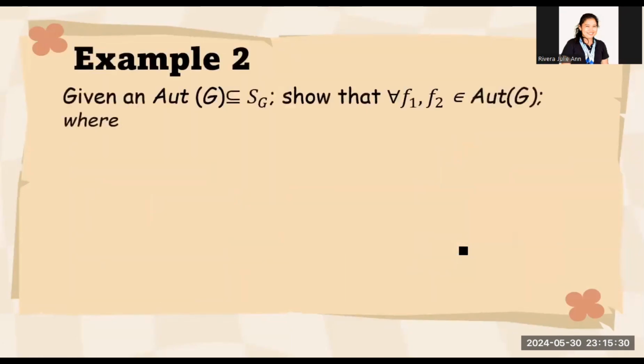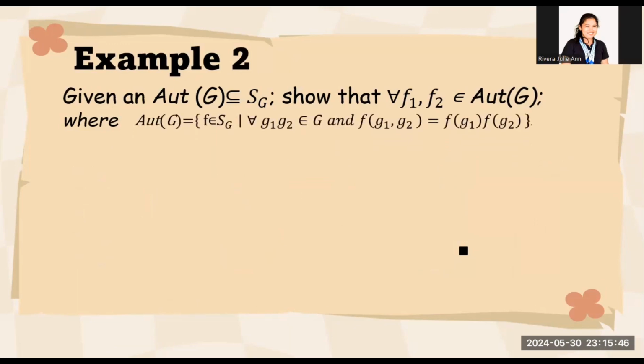Example number 2. Given that Aut(G) is a subset of a certain group G, show that for all f1 and f2 in Aut(G), where Aut(G) is the set of all f that are elements of the group such that for all g1, g2 in G, f of g1 times g2 is equal to f of g1 multiplied by f of g2.